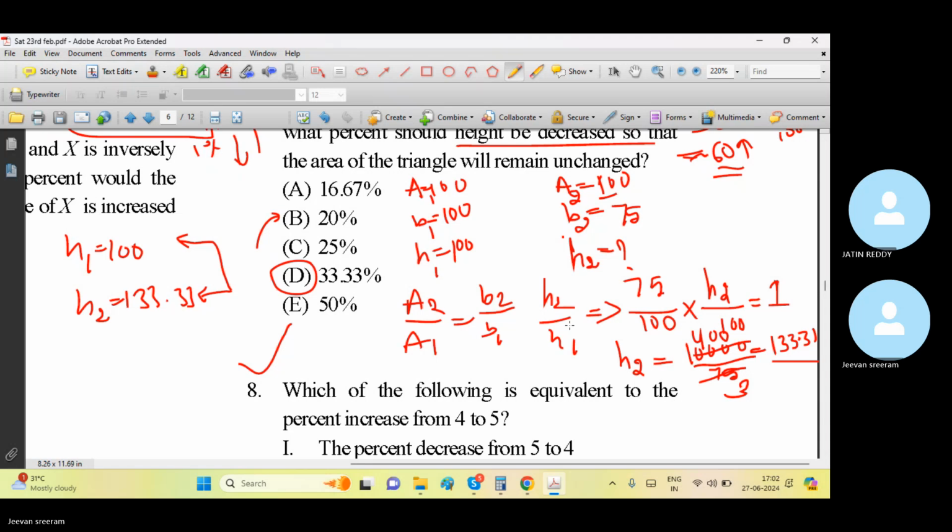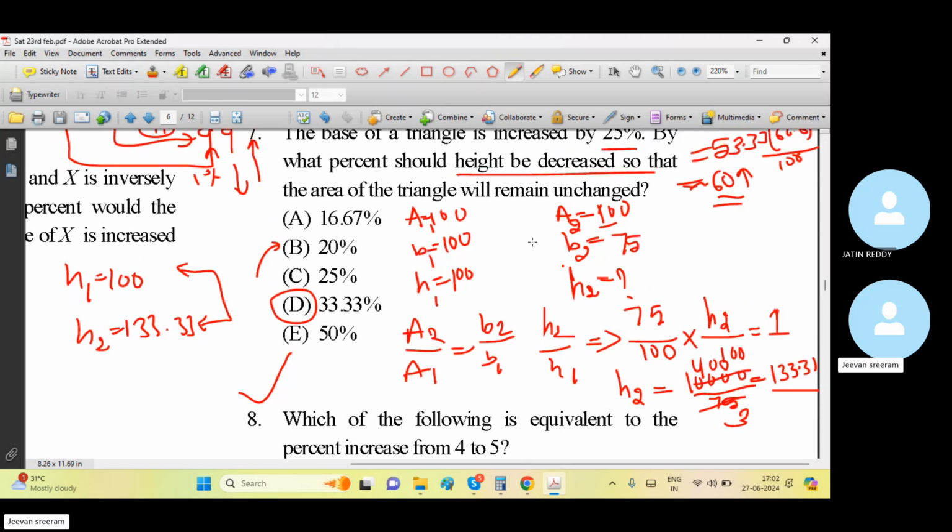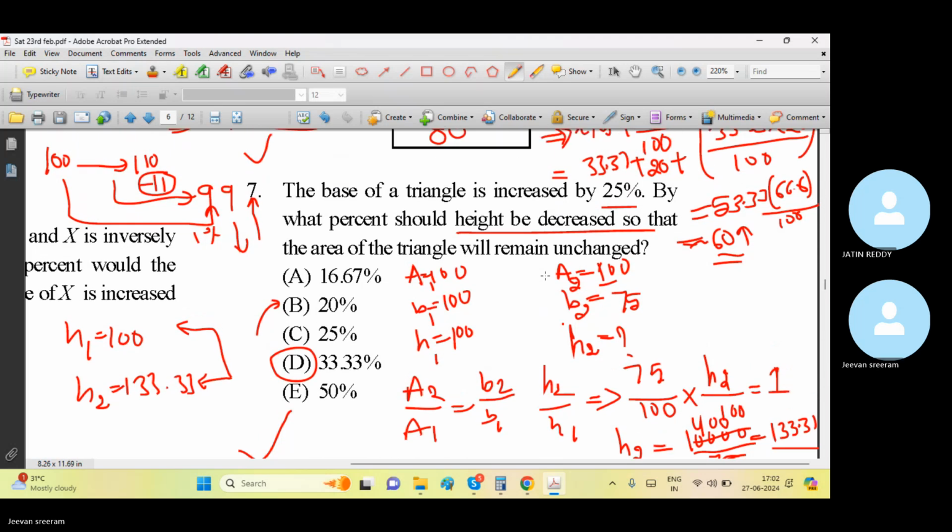Yes, sir. So if we increase, base has been reduced. Okay, base has been increased, nobody noticed. We took the 75. Yes, sir. We should have taken 125, right? 125. Yes, sir. Okay, let's do this again.